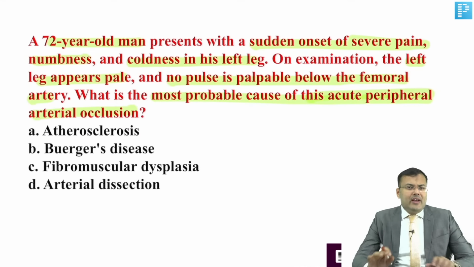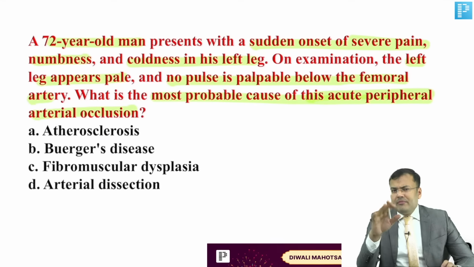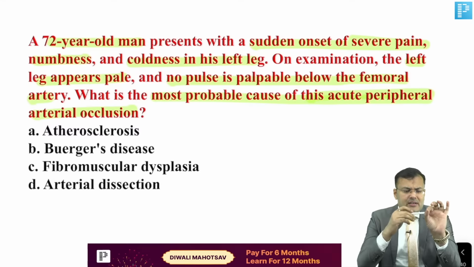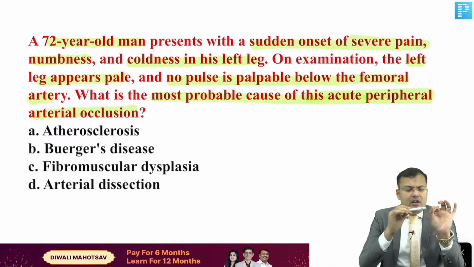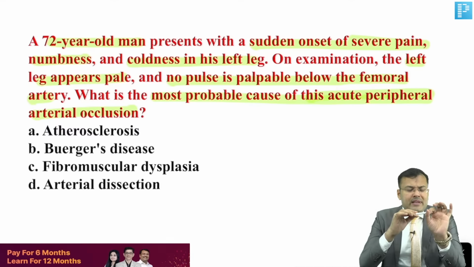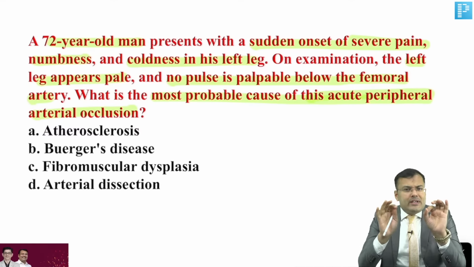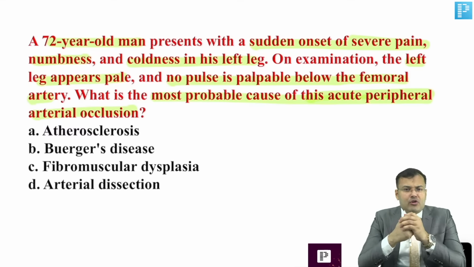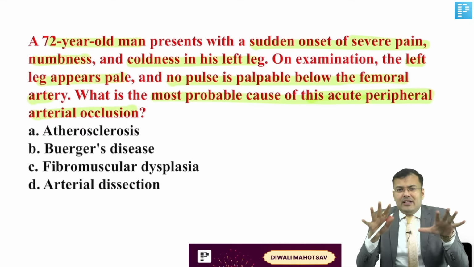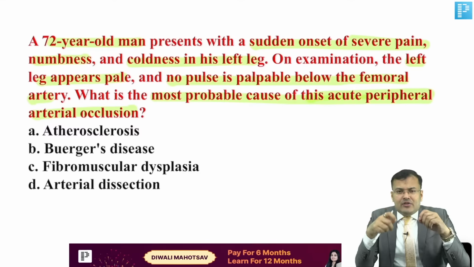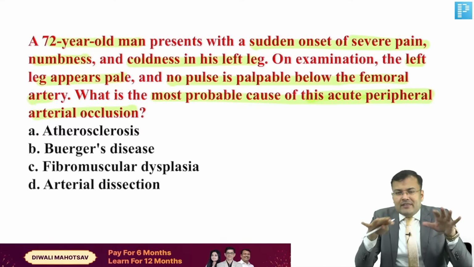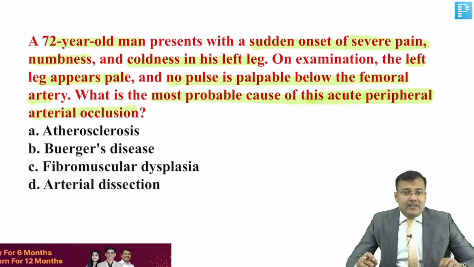Let me tell you. In arterial disorders, any problem with an artery, what is the main problem in the artery? Yes, mainly there is occlusion. And what is the important factor responsible for occlusion? That is atherosclerosis. That is why you are going to notice that in arterial disorders, for the majority of cases, the predisposing factor is atherosclerosis.